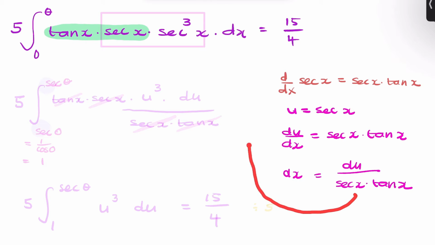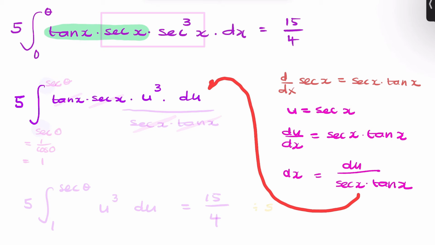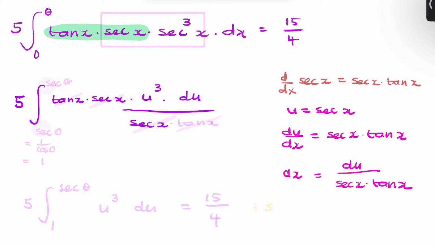So I can then rewrite my integration as 5 times the integration of tan x times secant x times u to the power 3 multiplied by du divided by secant x tan x.